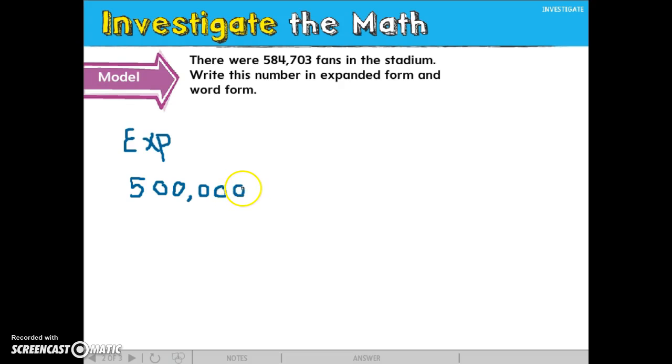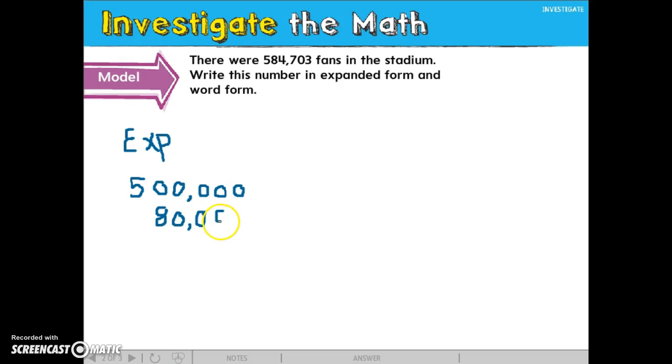So I write all that out, and then I'm just going to keep going. I had the 5, so the next number in line is the 8. The 8 is in the 10,000s place, so you have 8 10,000s. So it would be like taking 10,000 plus 10,000 plus 10,000, and you're going to do that 8 times. So I would write that down as 80,000, and you would too.